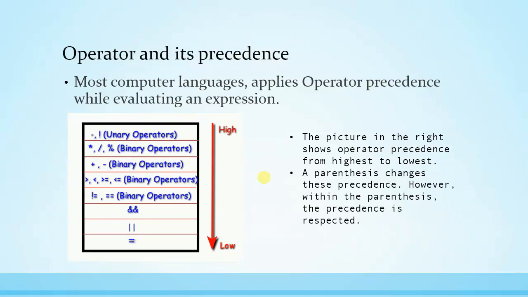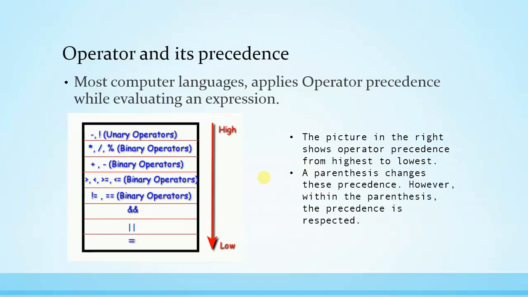If my expression involves two plus operators and one minus operator, then the evaluation is from left to right. It takes the operator that comes first on the left, then it evaluates the expression to the right next.